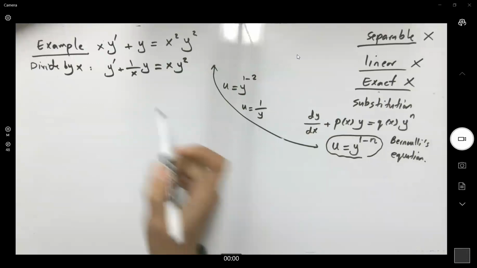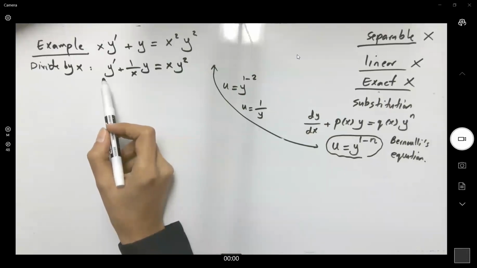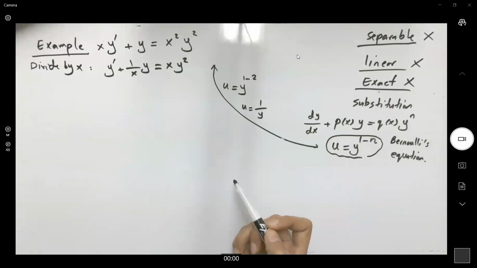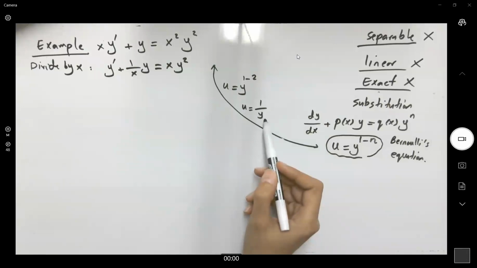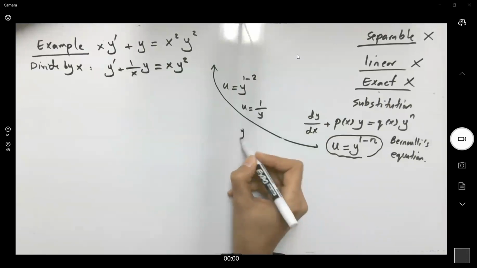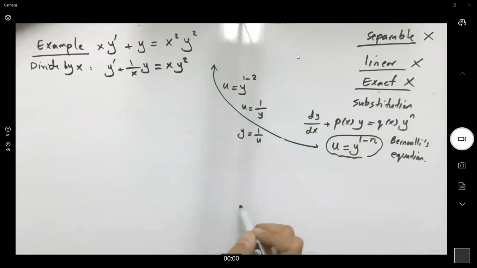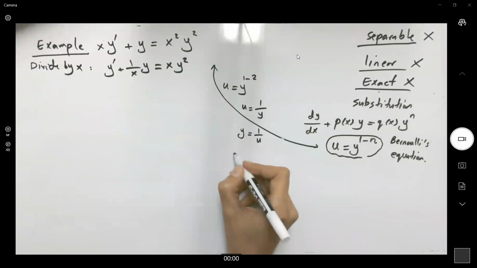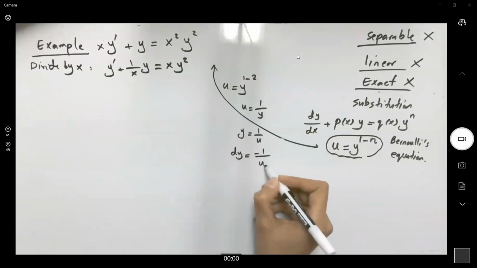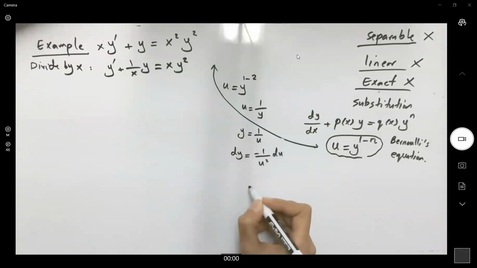Well, remember that here you're using u equals 1 over y. It means that y is equal to 1 over u, right? What is dy/dx? So dy becomes negative 1 over u squared du.